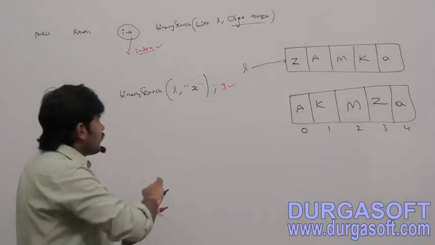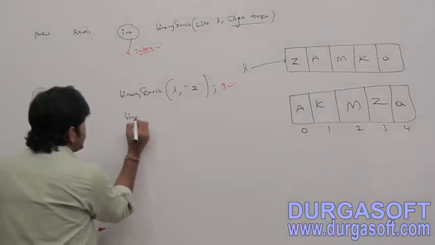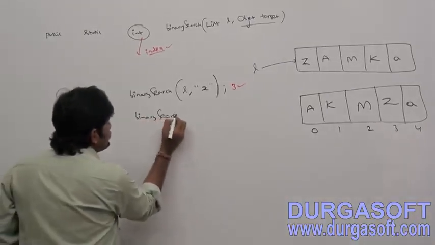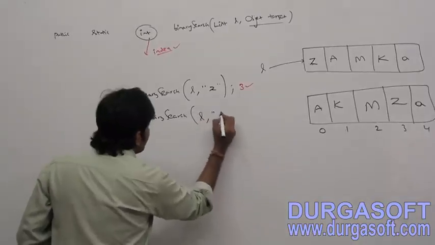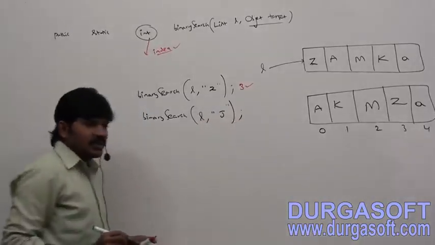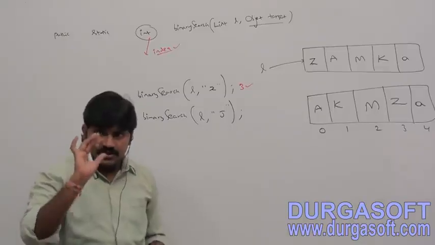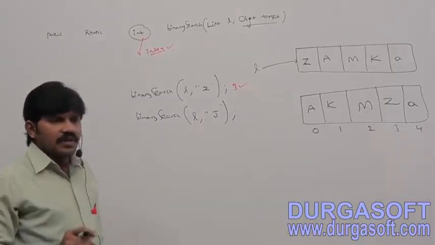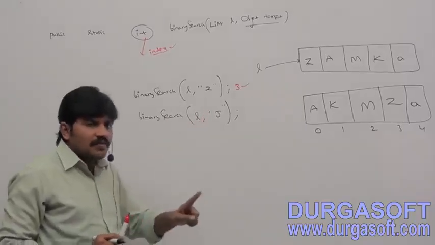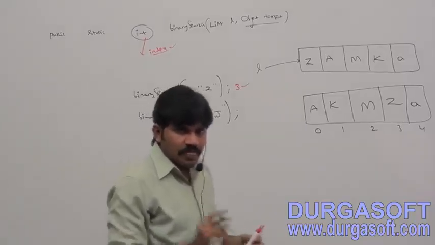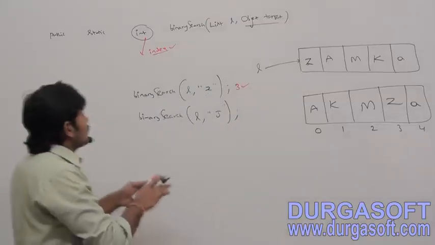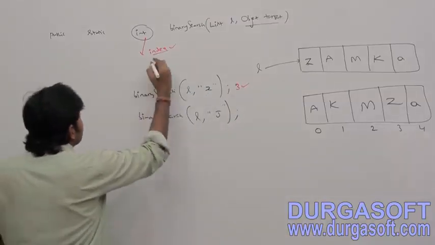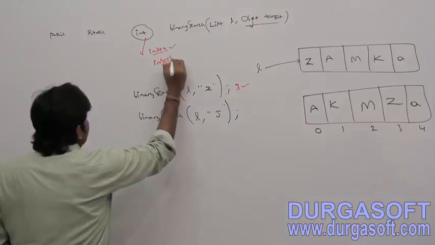Suppose I want binarySearch of L comma J. Take very special care. Is J available or not? J is not available. If it is not available, it is an unsuccessful search. Unsuccessful search returns the insertion point, not -1.